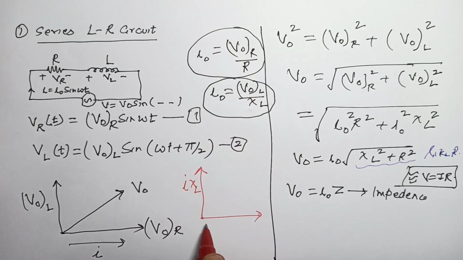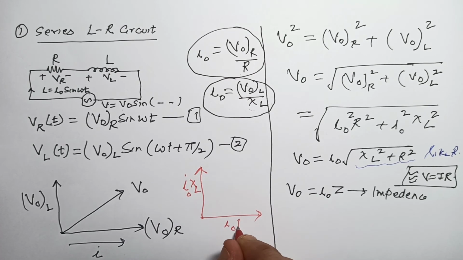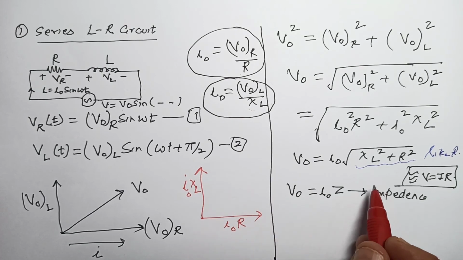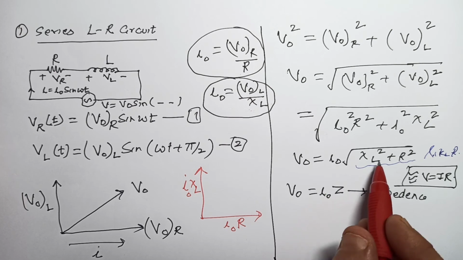Similarly, I can put here, in place of V naught R, I naught R. Now go back to this equation and you will see that I naught is here also, but we don't see impedance, which is slightly different.